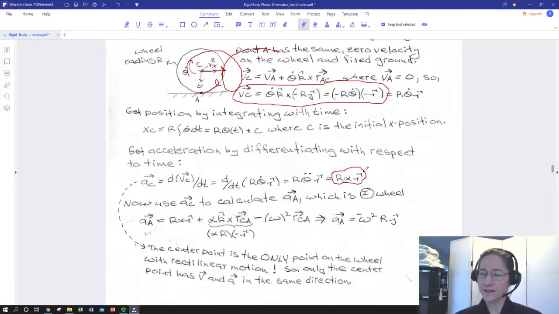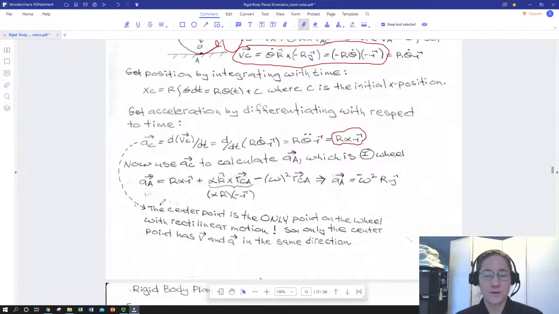So this is just like a rigid body moving in rectilinear motion, a translating body. So the center point of a rolling wheel translates. Even though it is dependent on rotational components, omega and alpha, it itself is moving in a straight line versus the fixed reference frame. So that's kind of handy. That's something we can leverage as we go on.